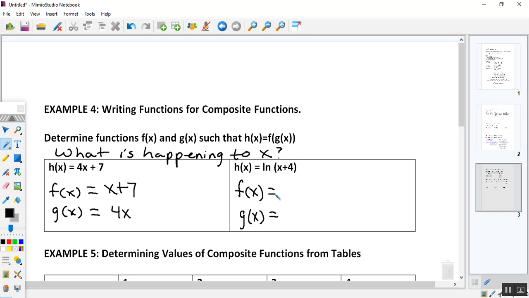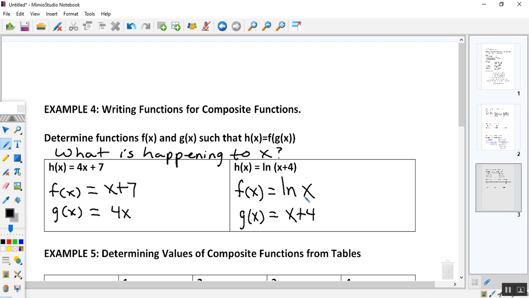So in composite functions, if we say start at the innermost part of the function, if you're saying add 4 is the first thing we're going to do, then what do you think the innermost function should be? x plus 4. So in this case, f or g, the way I've set this up, g. So what do you want to put for this? g of x equals x plus 4. Okay, and then what do you think f of x would be? Natural log of x.